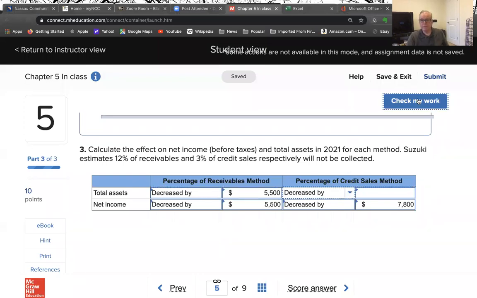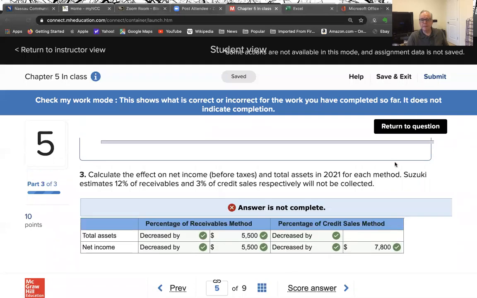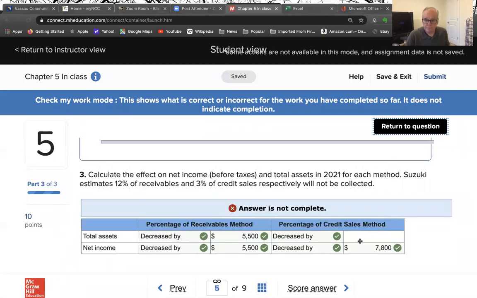Let's check this out. Okay. All right, so coming back to this, total assets are decreased by 5,500. Net income is decreased by 5,500, right?